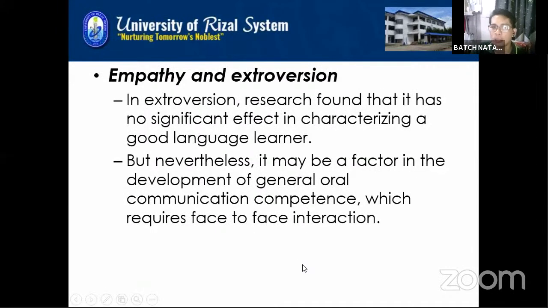In extroversion naman, research found that it has no significant effect in characterizing a good language learner. But nevertheless, sabi niya, it may be a factor in the development of general oral communication competence, which requires face-to-face interaction. Kapag ikaw extrovert, tapos kasama mo ang introvert, nahahawaan mo yan eh. Diba? Parang ganun yung kanyang impact eh.